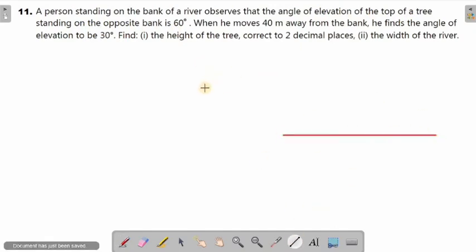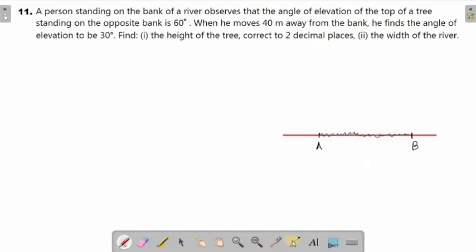Let me say that the person is standing at this point, my point A. Let B be the position of the tree, which is on the opposite bank. So this AB represents the width of the river.